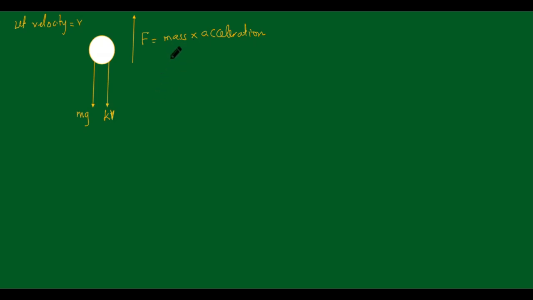Now, the mass of the body is m, and the acceleration is a deceleration, which is the change in velocity divided by time. So we have that our force is equal to minus m dv dt.